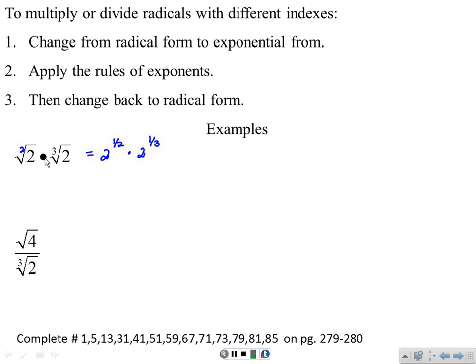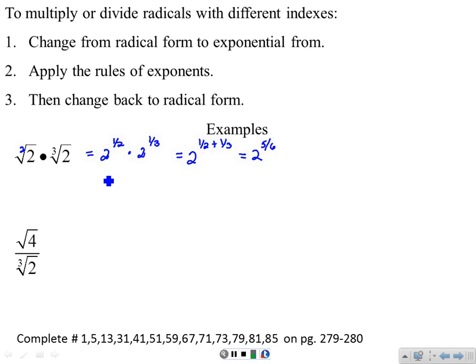So you cannot multiply radicals that have different indices, but you can multiply powers with like bases. When you multiply powers with like bases, you add those exponents. And so we're going to have 2 to the, let's see, 1/2 plus 1/3 is going to be 5/6.